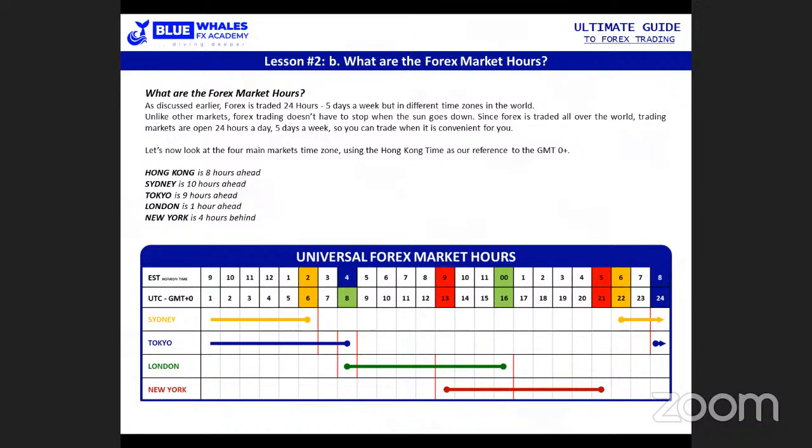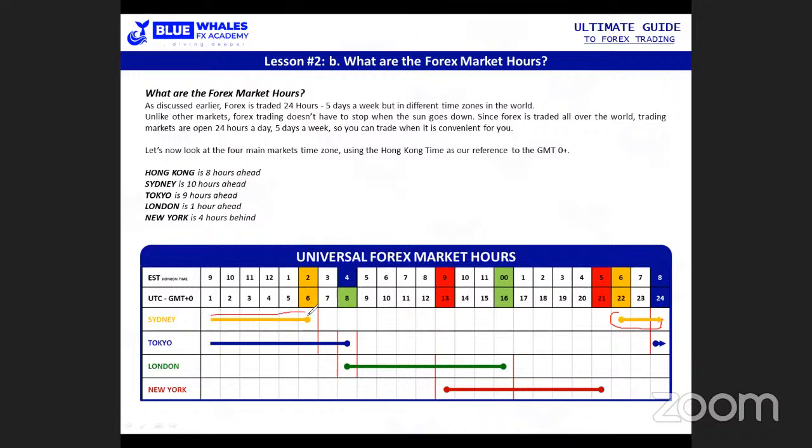When you check this, the Sydney or Australian market opens from here and continues all the way to this end.